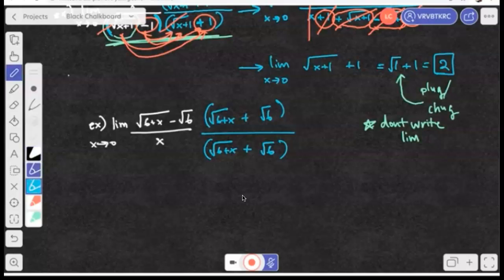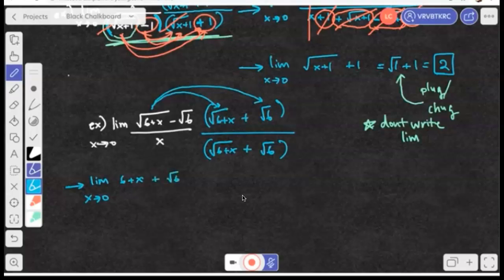Alright, so here we go. The limit, we're going to multiply the numerator. So when you multiply two radicals, they disappear and you just get 6 plus x. Here we're going to multiply rad 6 times radical 6 plus x. Just write it together, you're not going to multiply it out, to save time.